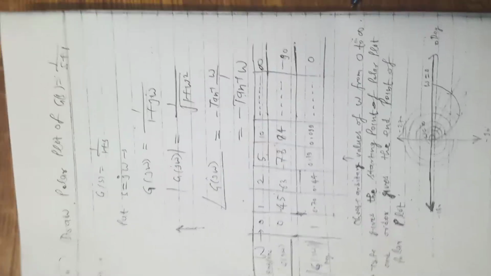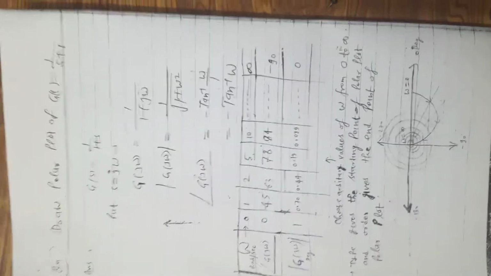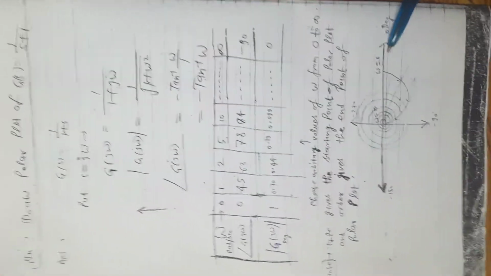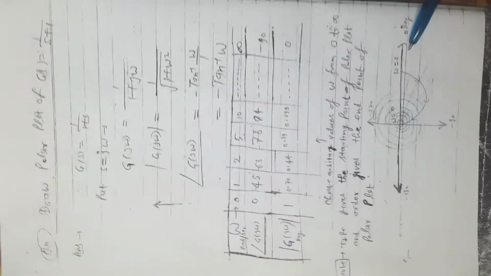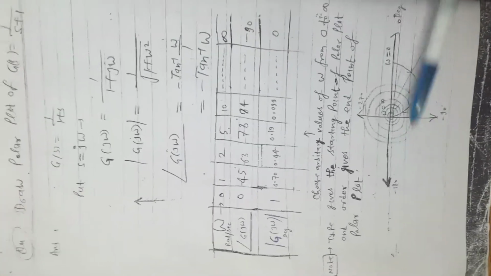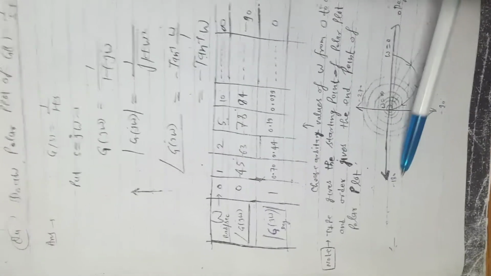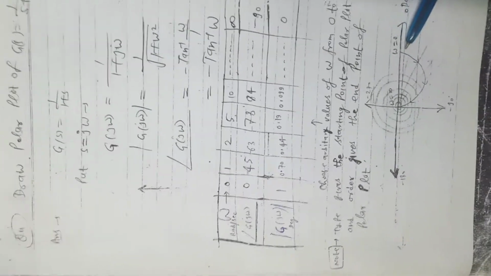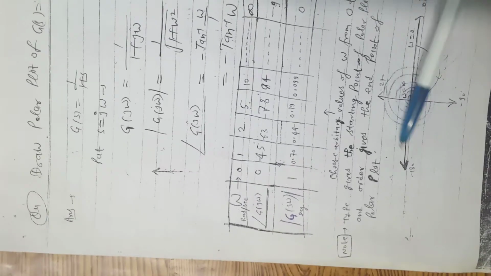Now you want to plot this. You will start from here. Angle clockwise is negative, so this is 0, this is minus 90, this is minus 180, this is minus 270, and again this becomes 360. One circle is 360, so 360 is 0 only.